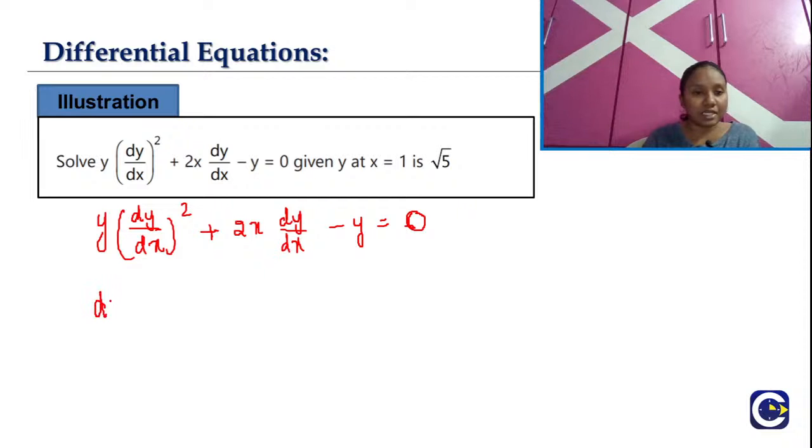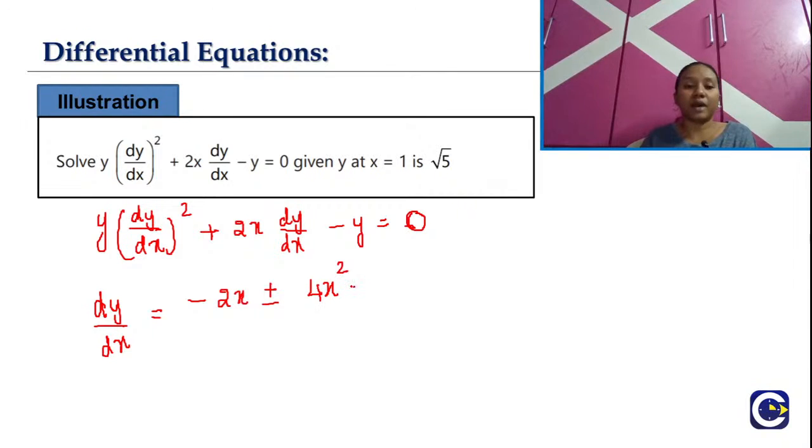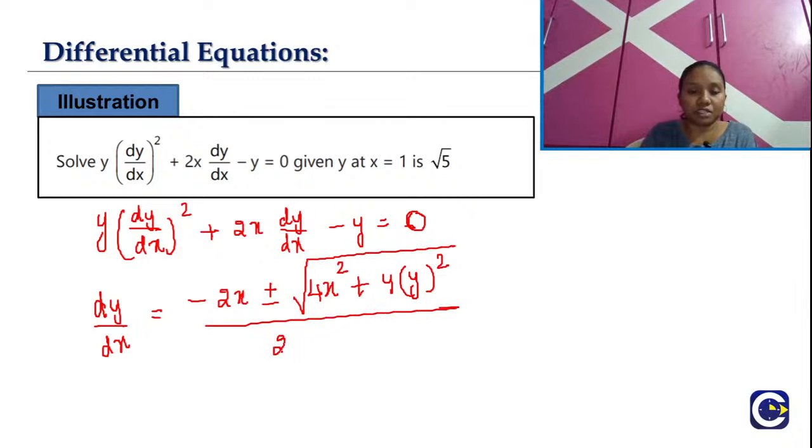That means dy by dx will be equal to minus b. So here minus b is minus 2x plus or minus root of b square, so b square will be 4x square, minus 4ac, where a will be y and c will be minus y, so it will be plus y square, under root, divided by 2a, that means 2y.